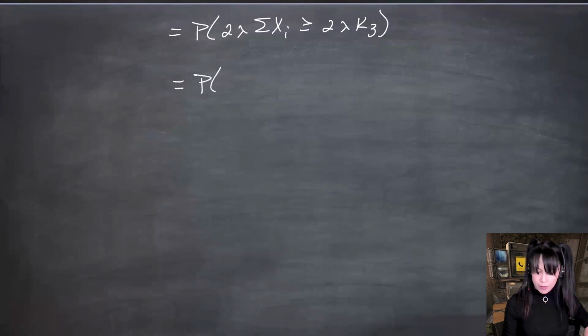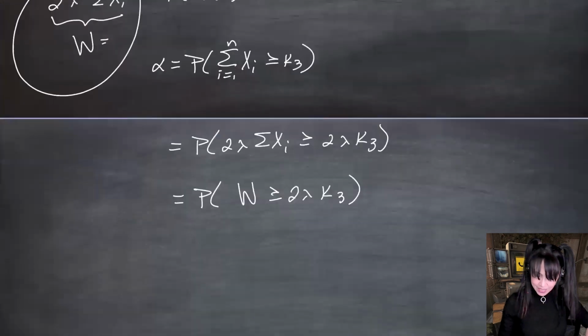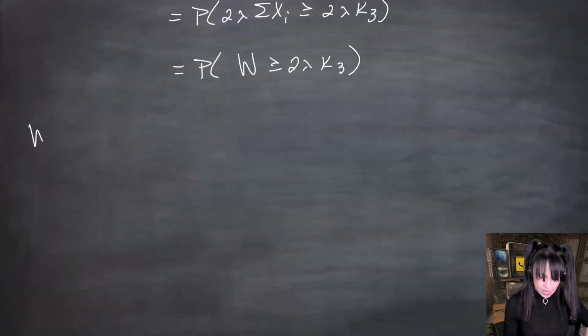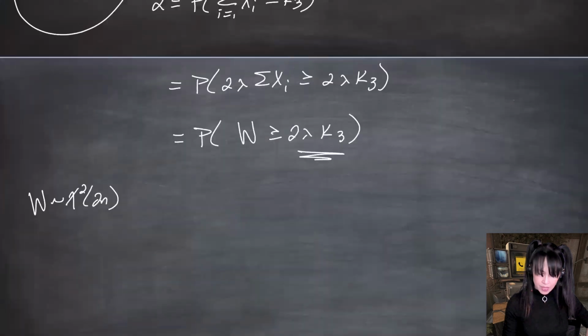This is the probability that W is greater than or equal to 2 lambda k3, where W is 2 lambda sum of the x's. And we know that W has a chi-squared distribution with 2n degrees of freedom, and we want to be up above something with probability alpha.